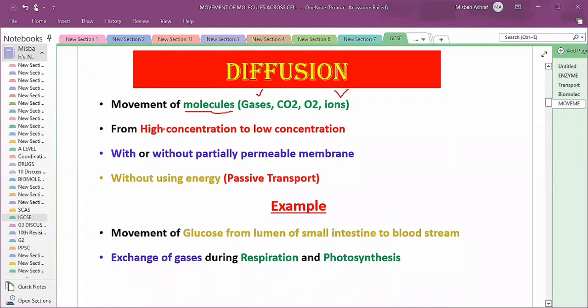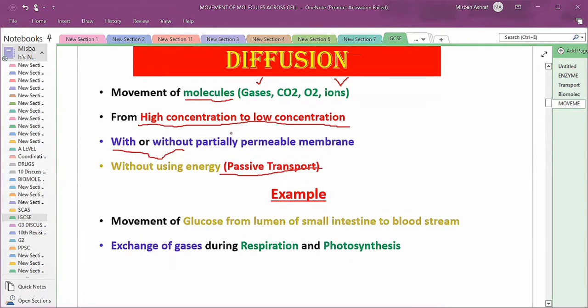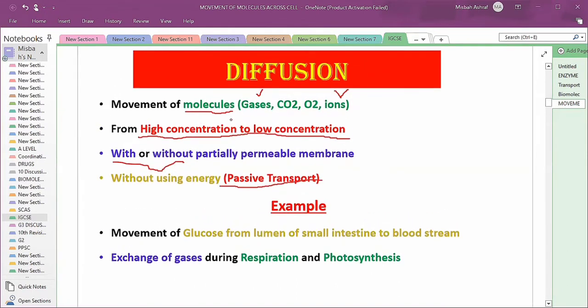This is the movement of molecules from higher concentration to lower concentration with or without a partially permeable membrane, and it does not use energy because it is a type of passive transport. Simple, how you can define this? This is the movement of molecules from higher to lower concentration with or without a partially permeable membrane, and it does not use energy because it's a type of passive transport.